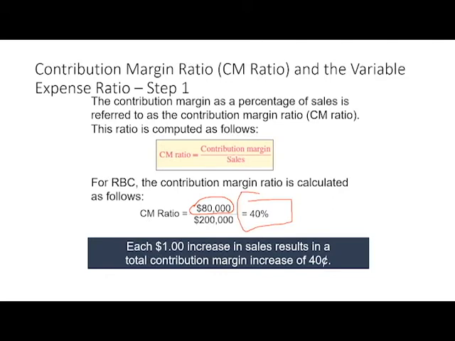It means that for each $1 increase in sales, the total contribution margin increases by 40 cents. 40% represents 40 cents. So you have to remember this formula on how to calculate the CM ratio: contribution margin divided by the sales.